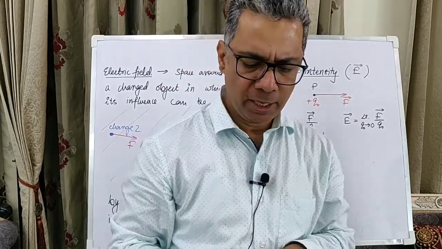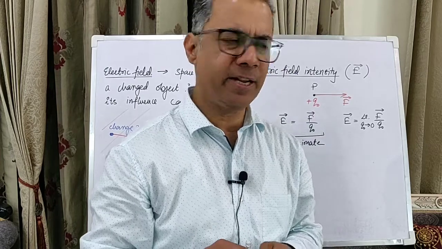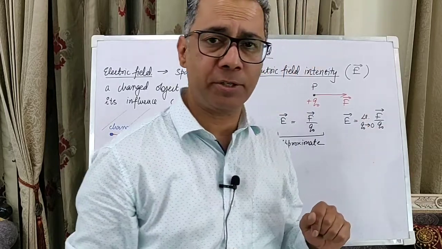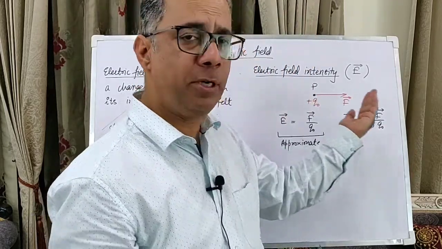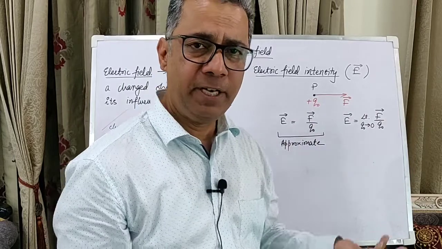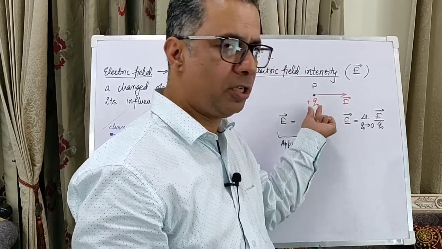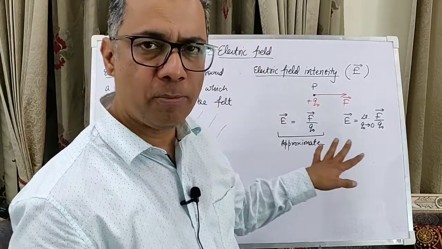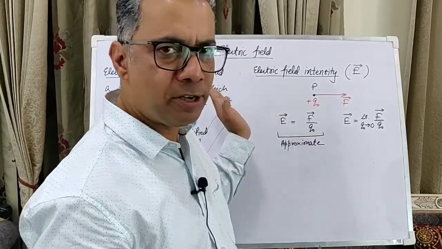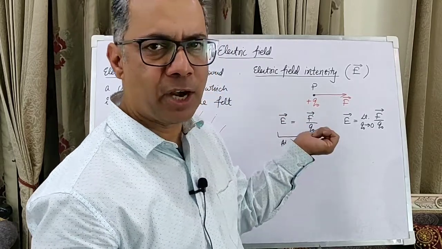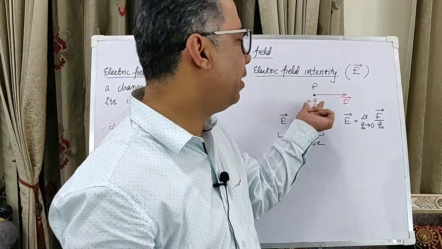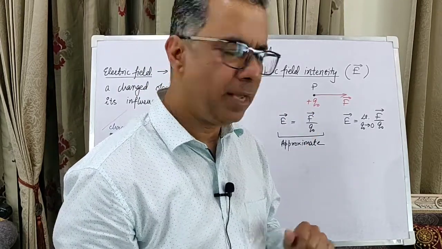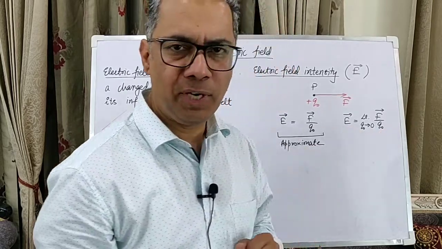If it's a very small charge, it will not be able to alter the electric field, because it can't exert enough influence on the surrounding objects. It cannot shift their charges, it cannot induce significant charges on them, and therefore the electric field which we are measuring will not be altered by its presence. This is how we define electric field.